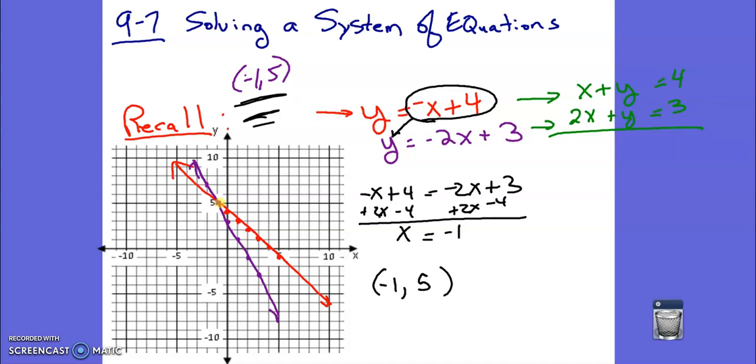So if we subtract those two equations, we're going to get negative x, the y's will eliminate, equals 1 if we subtract the equations. And then divide both sides by negative 1, and notice I get x equals negative 1, the same thing I got there. So you can use elimination, substitution, or graphing. So again, we've already done that lesson with lines.